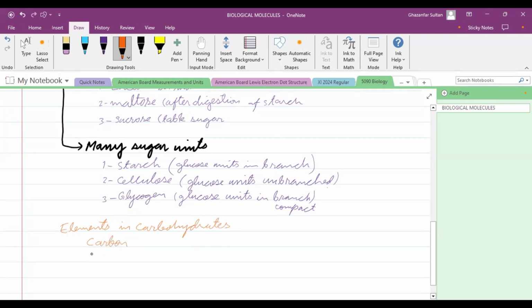In all the carbohydrates, these three elements are present: carbon, hydrogen, and oxygen.